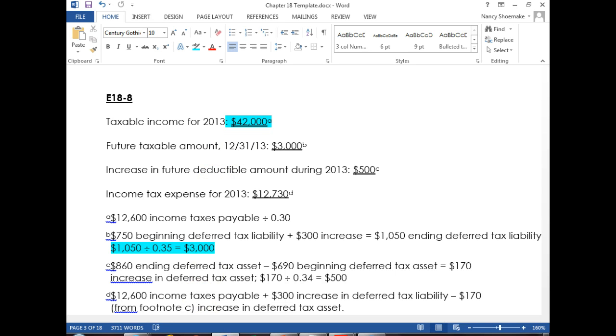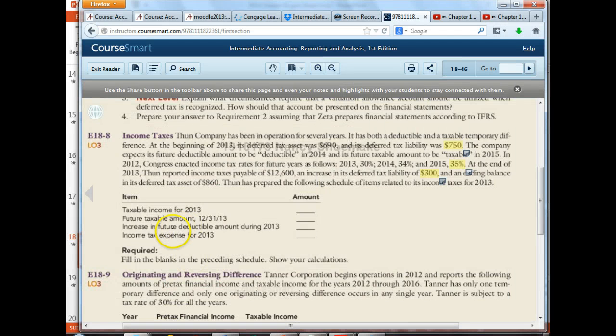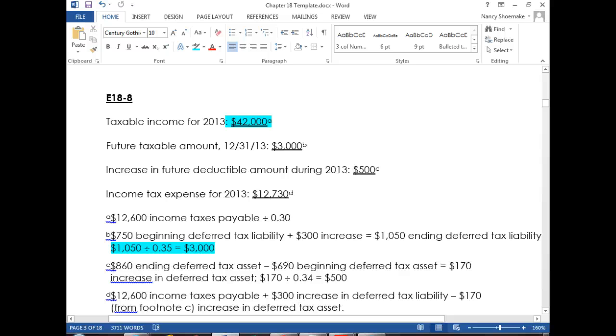Next, the next one we have to do is the increase in future deductible amounts during 2013. So remember, it's going to be deductible down the road, which means it's a deferred tax asset. So we started the deferred tax asset with what? $690. And what did we add to that? Did we add anything to that deferred tax asset? $860. So the $860 is the ending deferred tax asset. We started with $690.